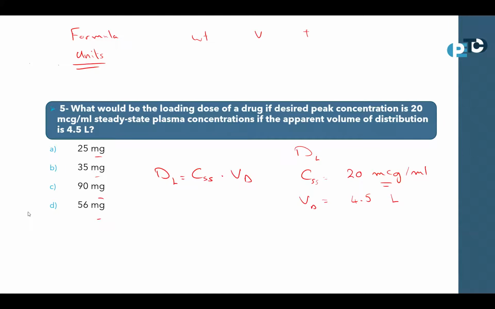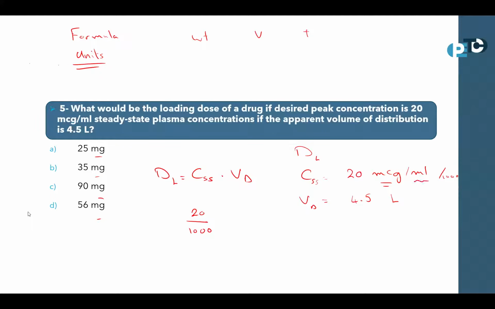Therefore, we need to convert this 20 microgram into milligram by which calculation step? By dividing by 1000. So it will be 20 over 1000 to convert this into milligram, not microgram. The second step, check the volume of distribution.